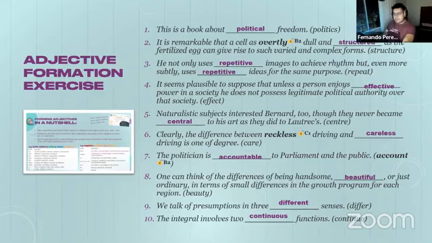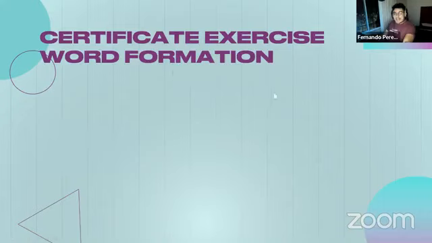But before we finish, let me show you the reason I am being so emphatic on learning word formation. Because in the certificate exam, there is an exercise that is directly testing you on your ability to form new words. This is an ability that every speaker needs to dominate if they want to reach higher levels, because we are paying attention to the small details that exist in the language.